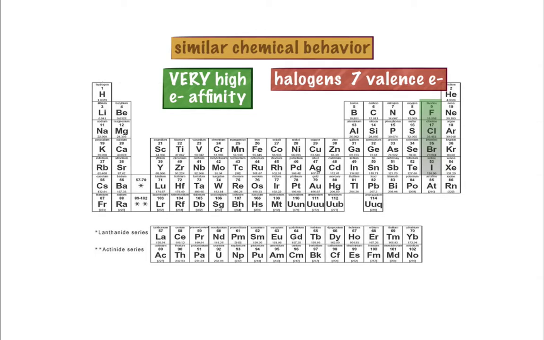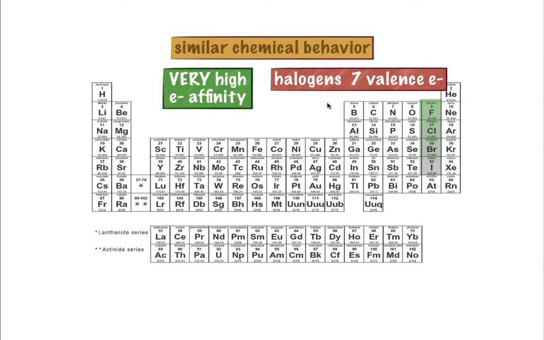And then you have halogens, which have 7 valence electrons. I mentioned before that the elements that make organic compounds tend to share electrons. Halogens have 7 valence electrons. And I hope you remember that I mentioned before that in the outer circles you have a maximum of 8 electrons.